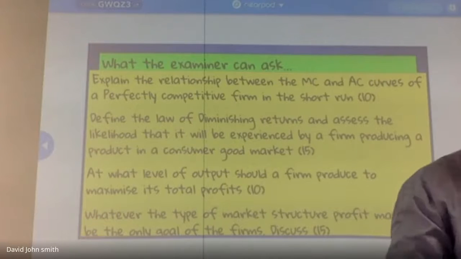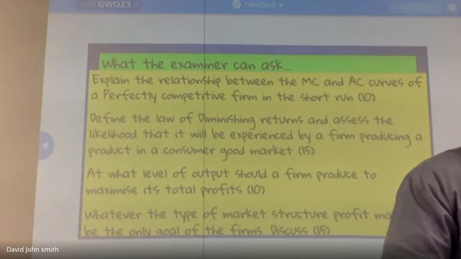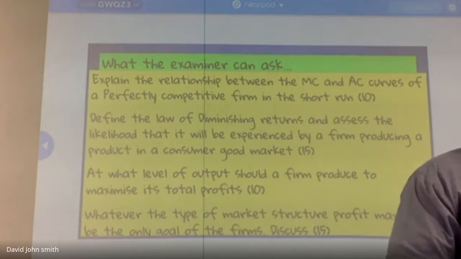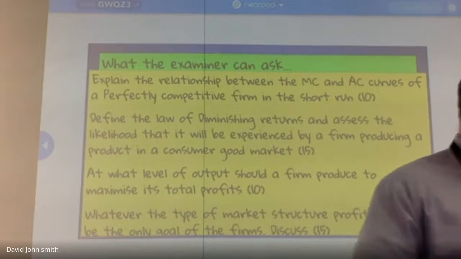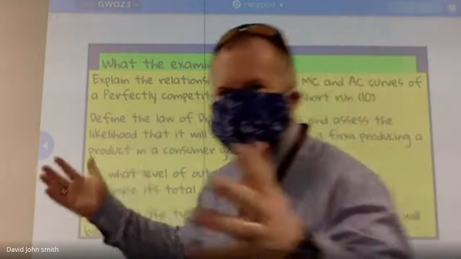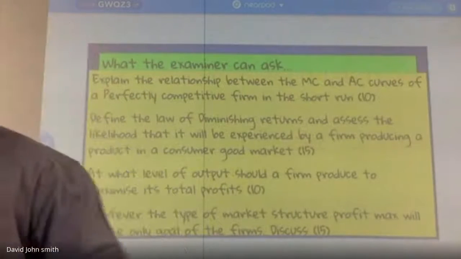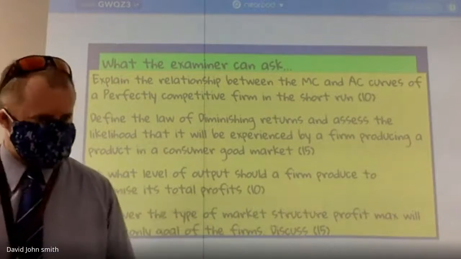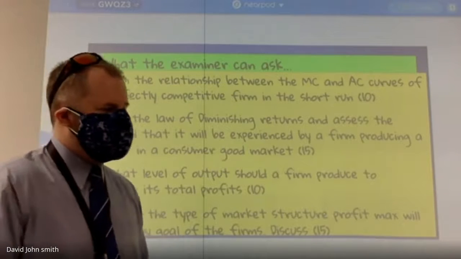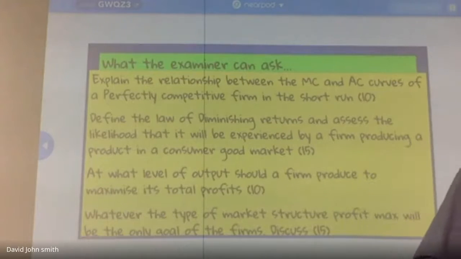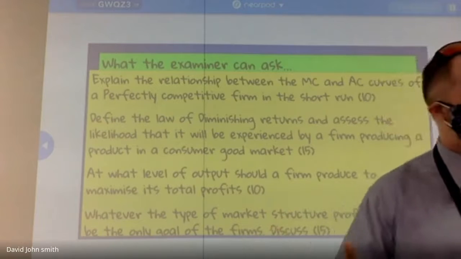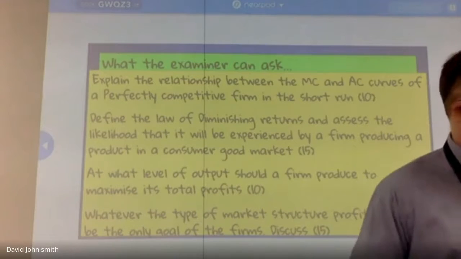Whatever the type of market structure, profit max will be the only goal of firms. Discuss. So again, it's a discuss. So you're going to have points and counterpoints. Now, we do assume that for the majority of cases, profit maximization is their goal. But we do readily admit that quite often, for businesses, profit maximization might not be their goal.